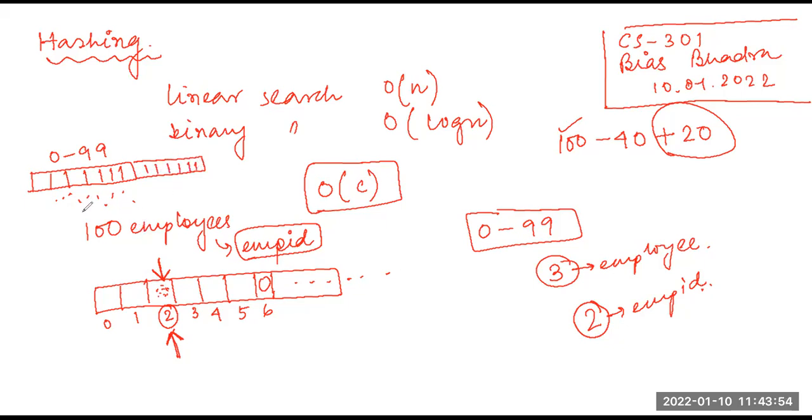That means in the second year, when 40 people left, 40 locations were vacant, but for inserting these 20 elements, you are not able to reuse these 40 spaces. You will again have to create new space. So this is an absurd idea. Practically, this sort of idea is not feasible.